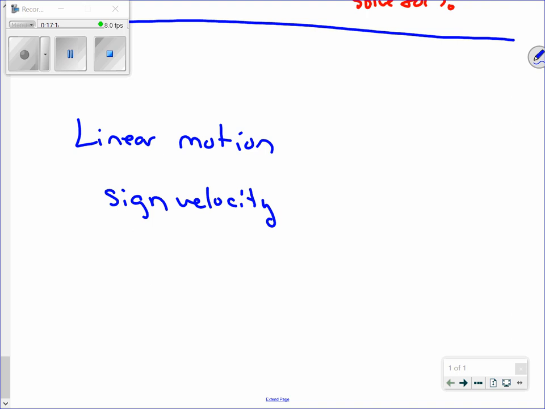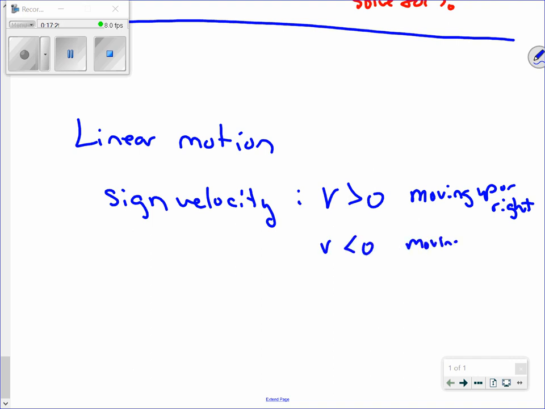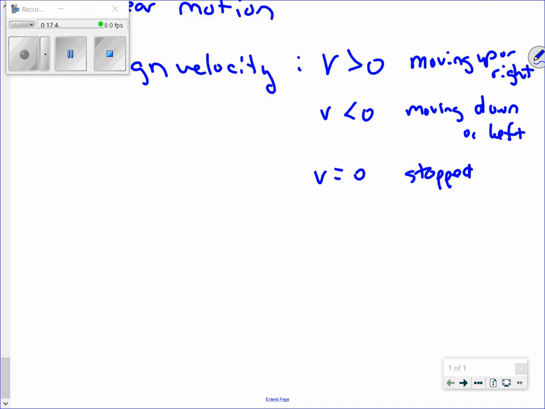If the velocity is positive, then we consider it moving either up or right, depending on whether you're doing vertical motion or horizontal motion. If the velocity is negative, then it is moving either down or left. And if the velocity is 0, it's not moving. It is stopped. So if you're ever asked a question that asks you when something stops, that means you set the velocity equal to 0.